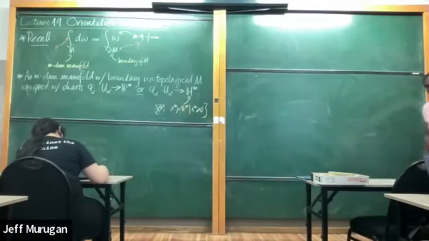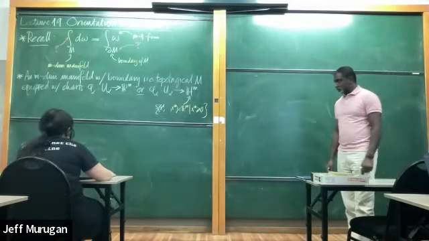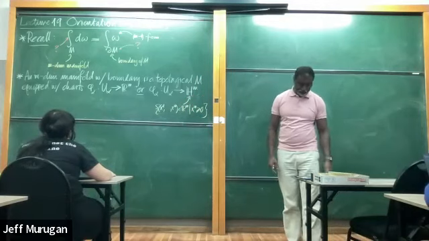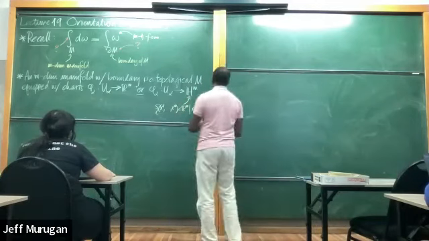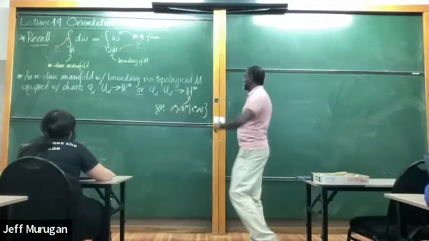Okay. Again, we've talked about this. This is the half plane in R^n, the half space.